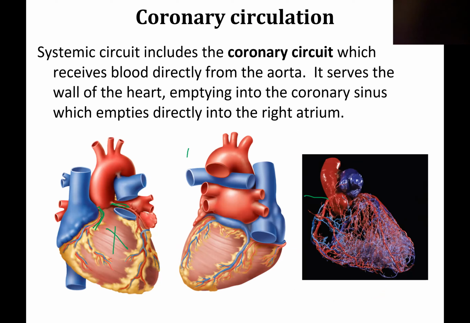It's flattened, and it has its own specific opening into the right atrium. So you have three things that go into the right atrium: the superior vena cava, the inferior vena cava, and this coronary sinus. For some reason they called coronary vein or coronary arteries, and then it's cardiac veins.